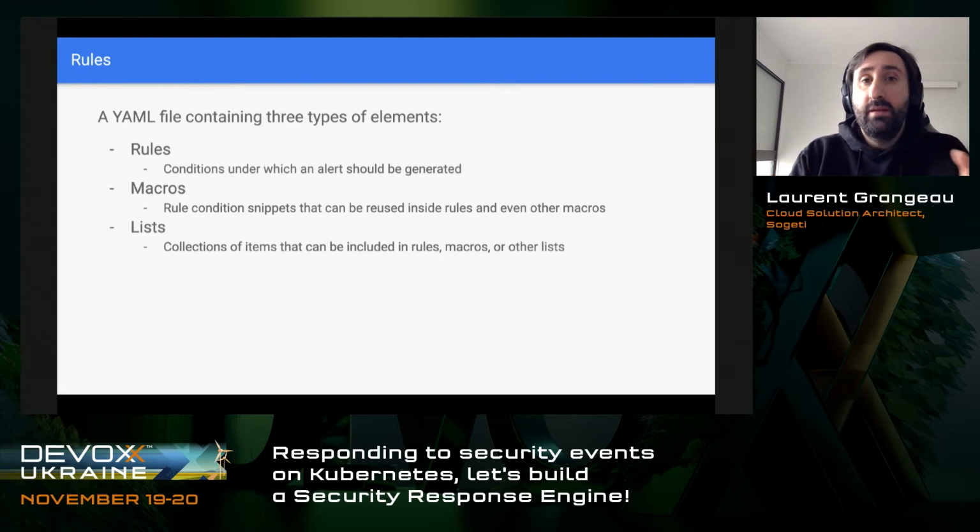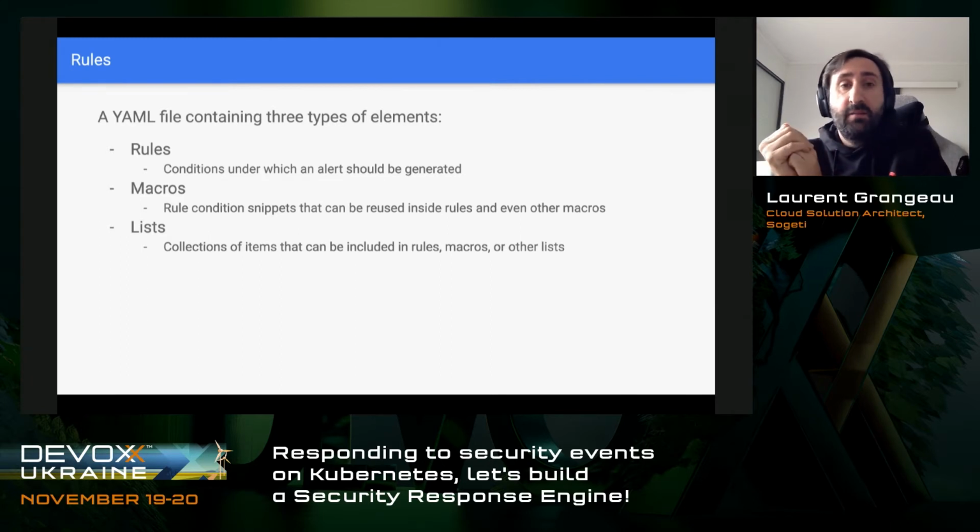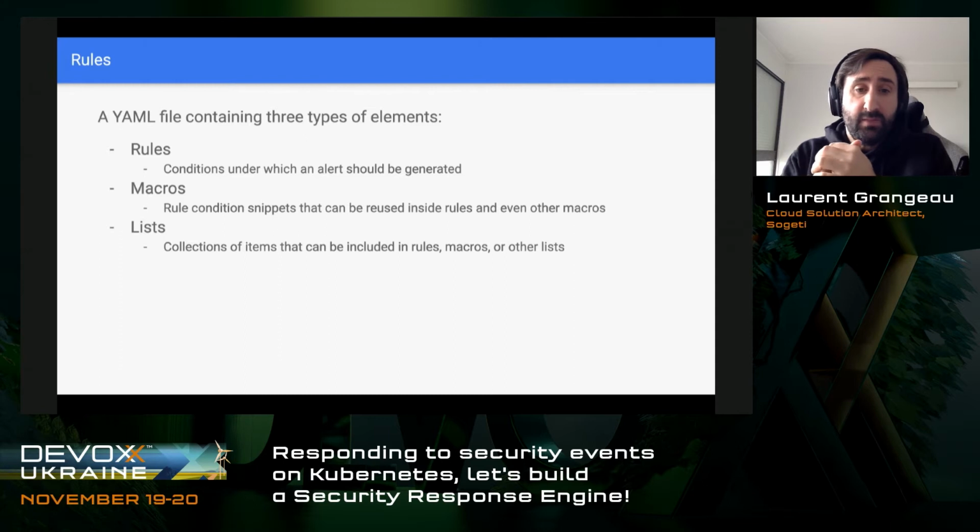The second is macros, which are little snippets that can be used inside rules and even other macros. And of course, the third element is lists, a collection of items that can be used in rules, macros, or other lists.